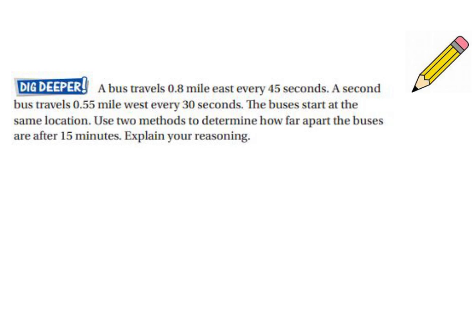For our dig deeper example, it says that a bus travels 0.8 miles east every 45 seconds. So if we make our table, let's say miles and seconds. It travels 0.8 miles in 45 seconds.